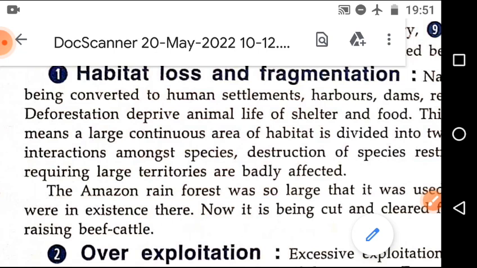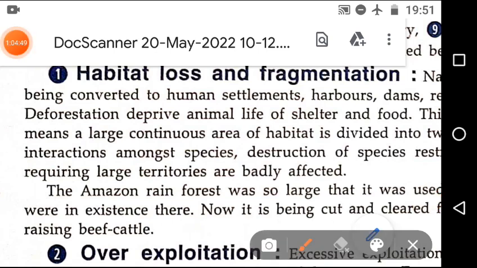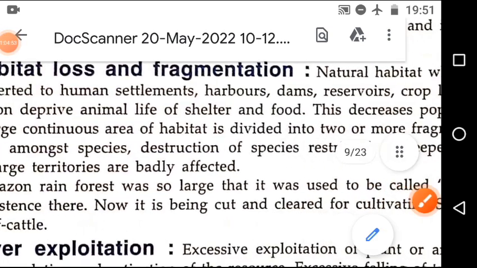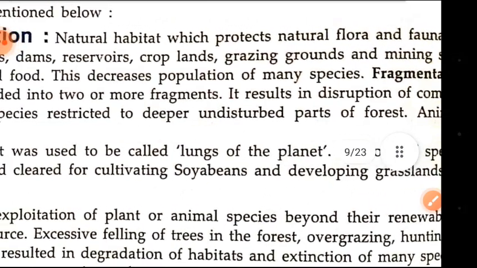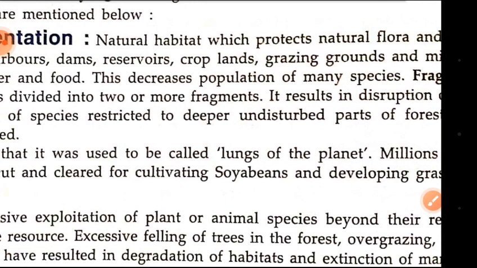There will be destruction of species from competition, and they are restricted to deeper undisturbed parts of the forest, and are allowed to roam inside. You have to not come here, you have to go inside the forest, as you can see in Raipur. Not only Raipur, also where the Jim Corbett National Park is.